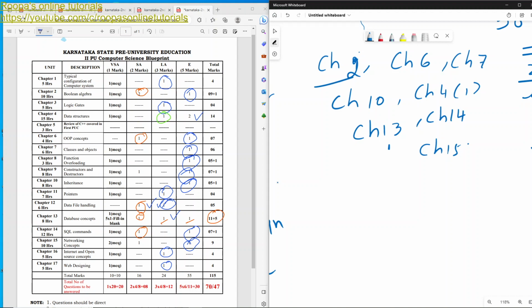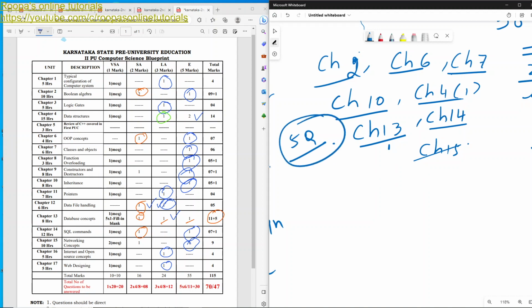So K-map and Boolean algebra, and then object-oriented concepts, and in 7, declaration of classes, and then chapter 10, inheritance. In chapter 4, at least one theory question if possible. 13 is also theory, and 14 has syntax, 15 is also theory. So if there are 5 questions you are sure of, the 6th, then you can definitely score very good marks.